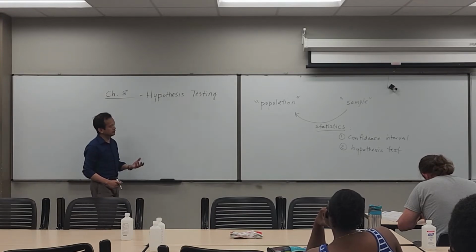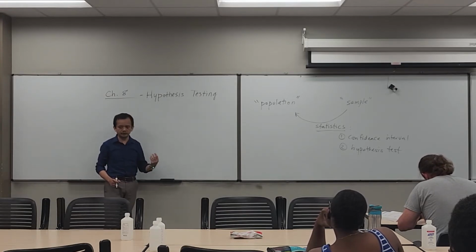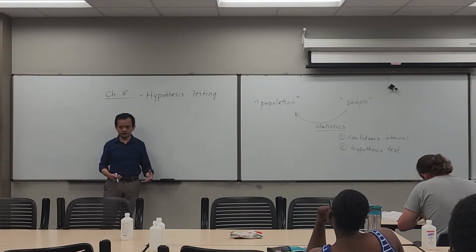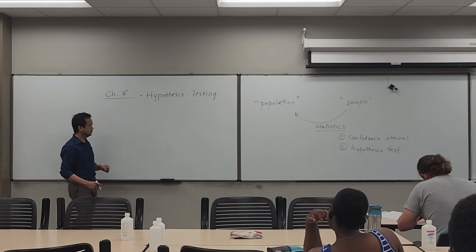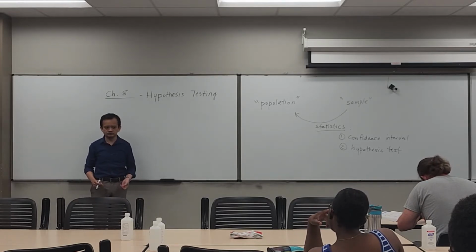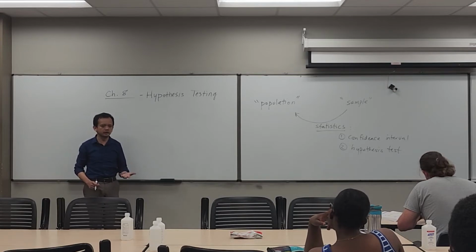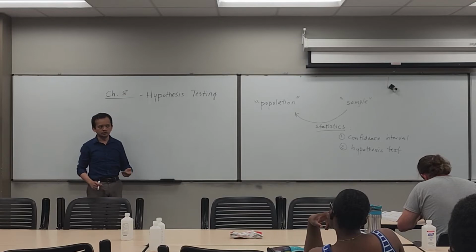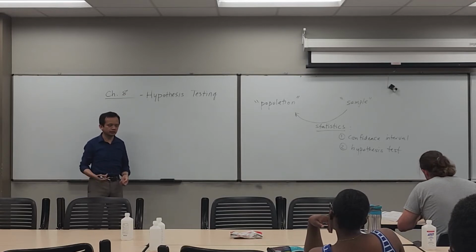Okay, so let's put this into context with a very simple example, but one that generalizes what all hypothesis tests end up doing. Let's say you're walking down the street and you see a coin on the ground and you pick it up. In your hand you notice that it seems to be weighted heavier on one side than the other. So you suspect that this coin is possibly unfair.